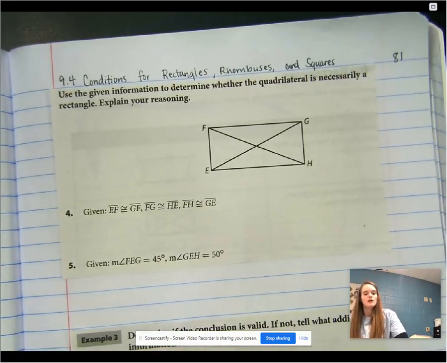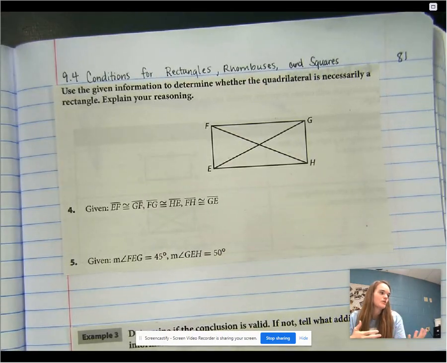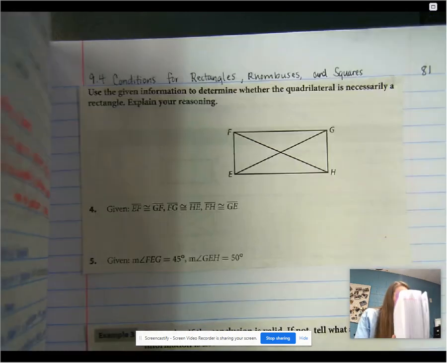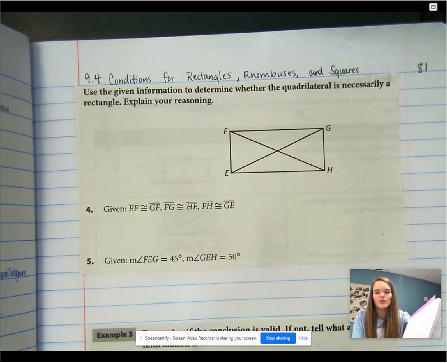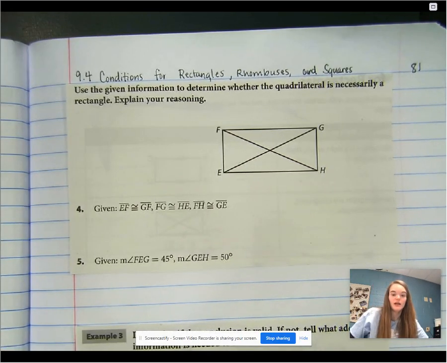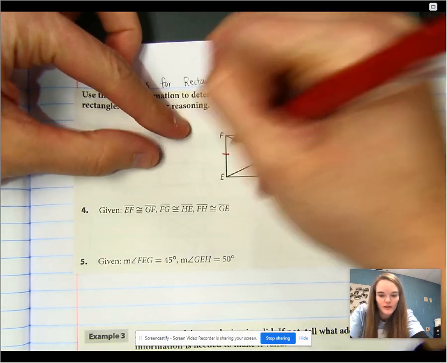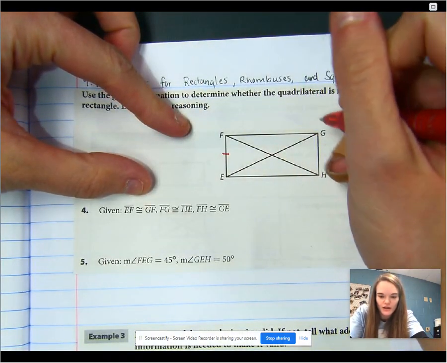Okay. 4 and 5 are using the same diagram, just like in the past. 4 does not have anything to do with 5. We will start all over again with number 4, okay? Actually, it says use the given information to determine whether the quadrilateral is necessarily a rectangle. Explain your reasoning. All right, so here's what we know. We know that EF is congruent to GF.